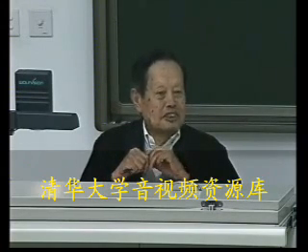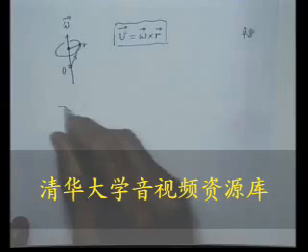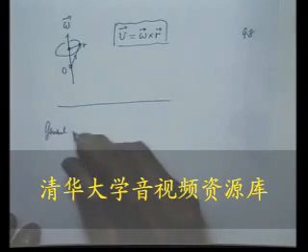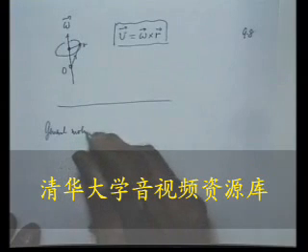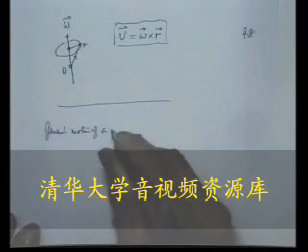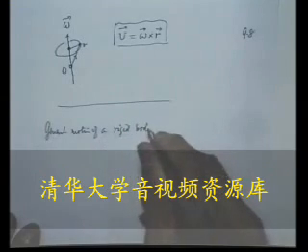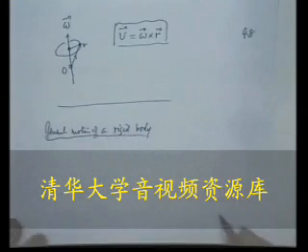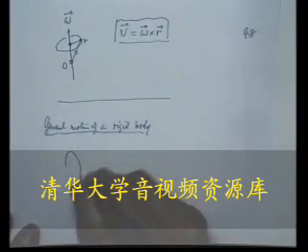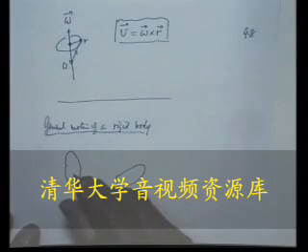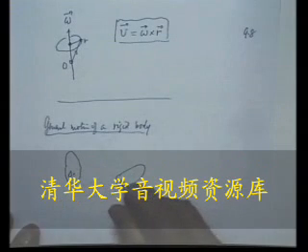Now what happens if it's a general motion? General motion of a rigid body. So you have a body here, and it moves to here. I take one point here.